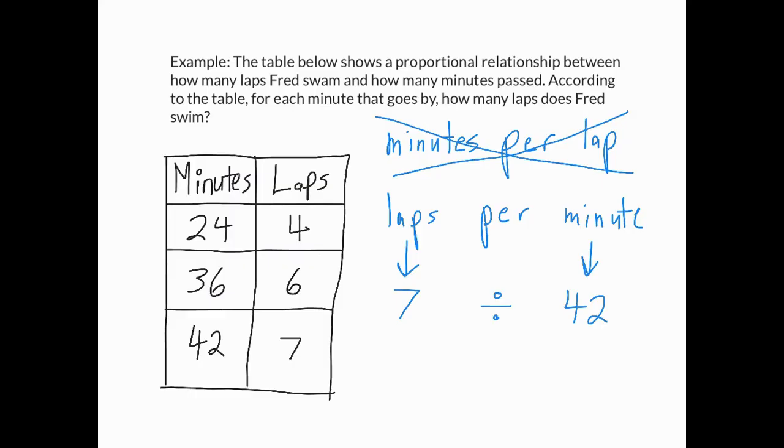So what is 7 divided by 42? If you said 6, you're wrong. 42 divided by 7 is 6. The other way, 7 divided by 42 is 1/6.